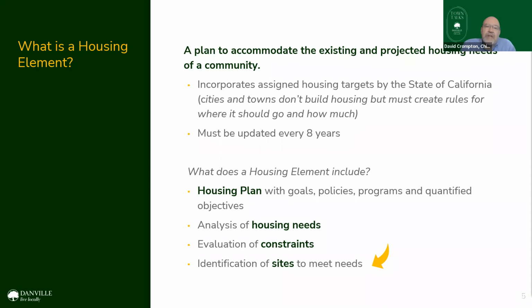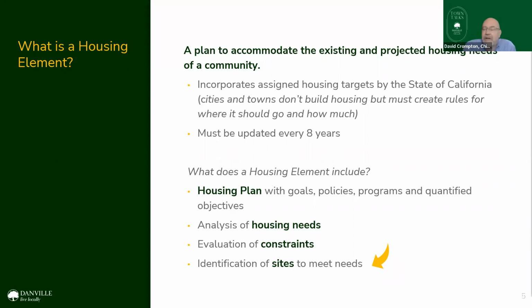What does a housing element include? It has goals, policies, programs, and objectives that help give us a roadmap to how we're going to get to our goals for our housing needs. It has an analysis of our housing needs locally and regionally.